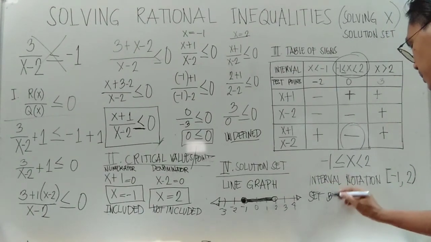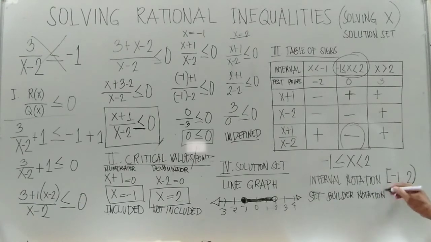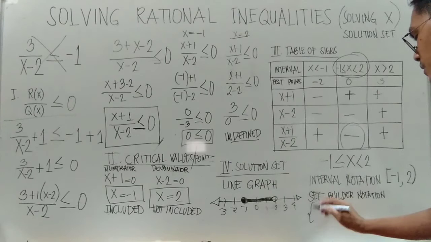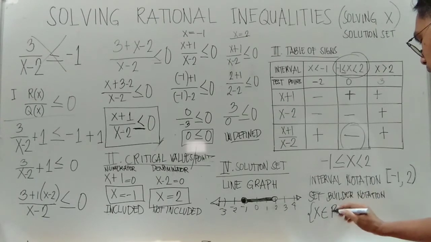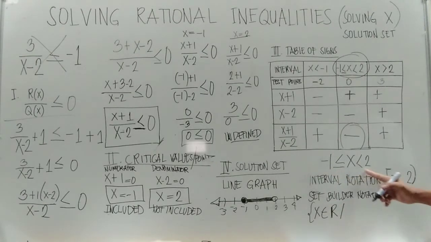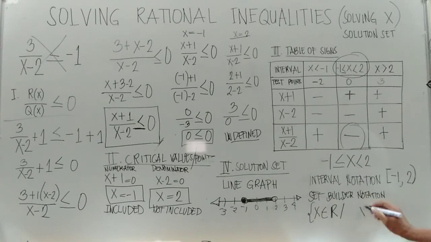Then the third is using set builder notation. Your set builder notation looks like this. Braces, x is an element of the real numbers such that, copying this interval from here, x is greater than or equal to -1 but less than 2.